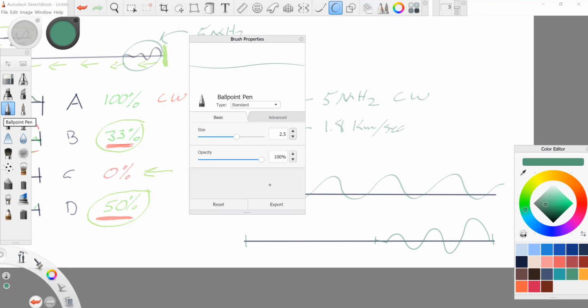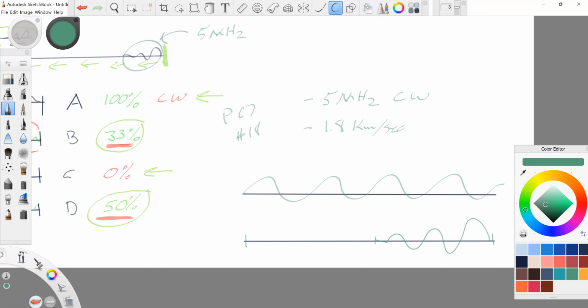No. Hitting the wrong button. Okay, so pulse, and we'll say, okay, duty factor is equal to 0.5. Calculate the new propagation speed.